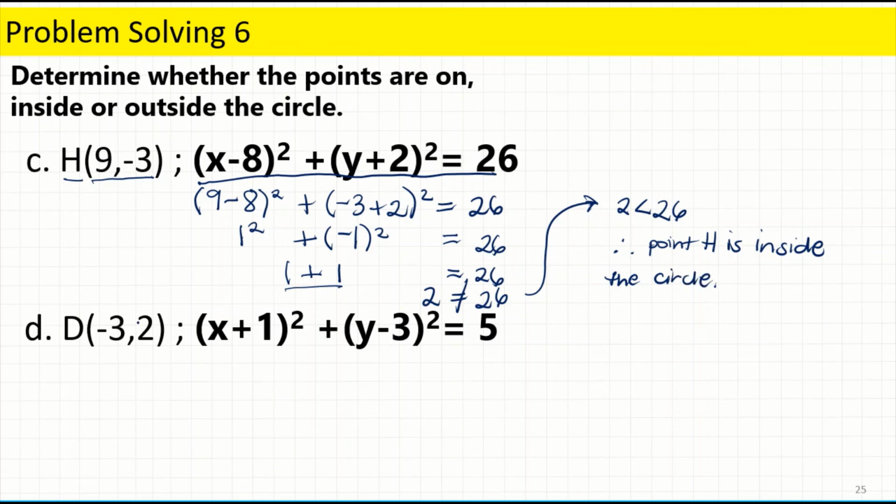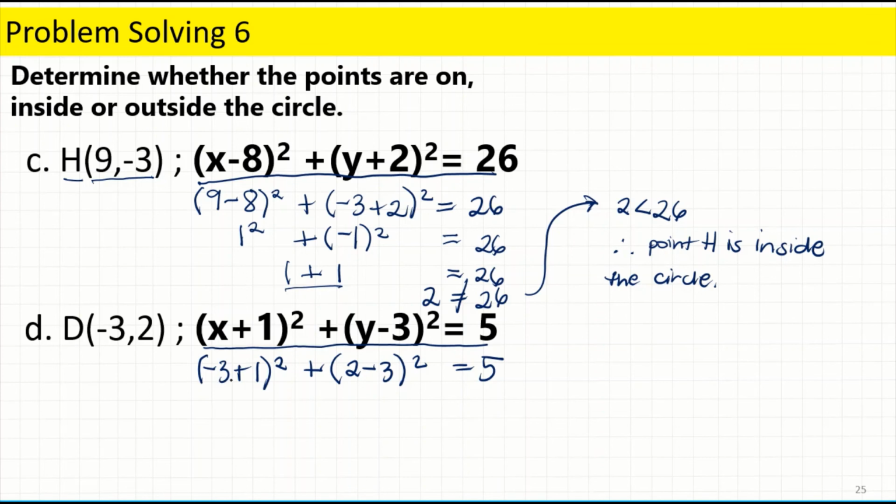Okay. So last, if we have point D (−3, 2), and we have a circle of (x + 1)² + (y − 3)² = 5. So again, substitute the value of x, which is (−3 + 1)², and then plus (2 − 3)² = 5.